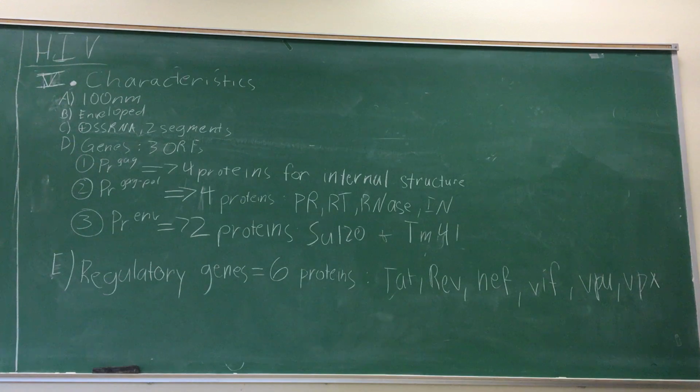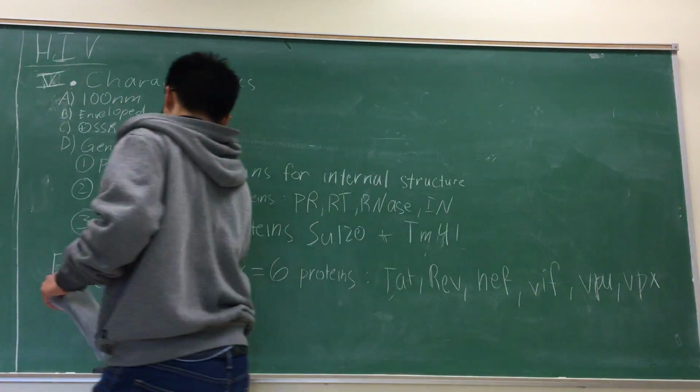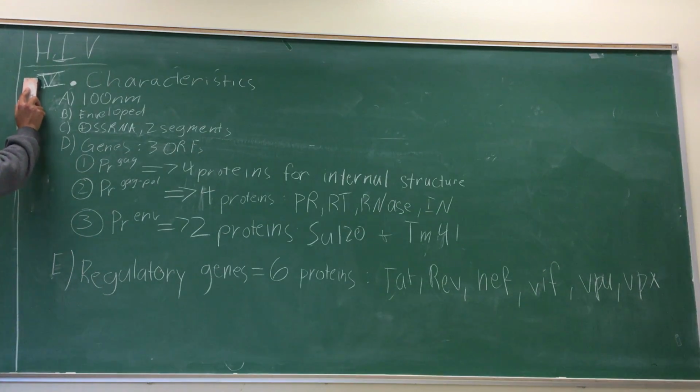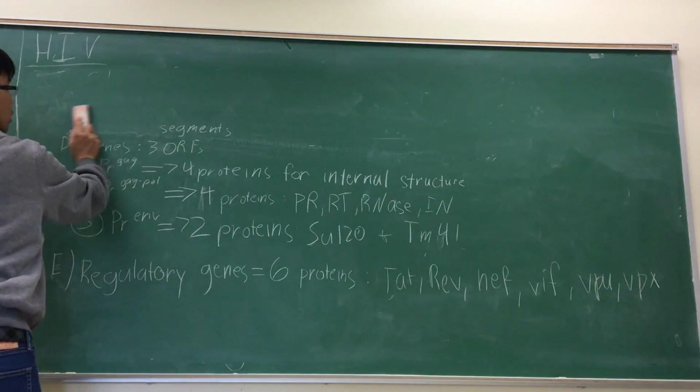So larger envelope. It just seems like HIV is bigger, and it has more genes. And it uses co-receptors. So you guys are probably done copying that. Move on now.